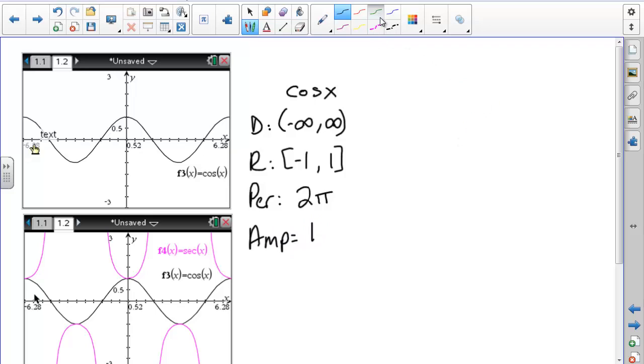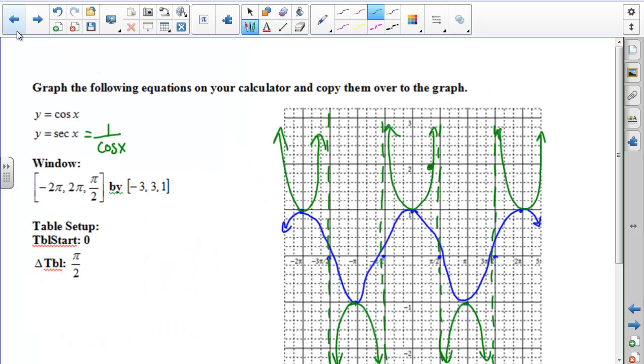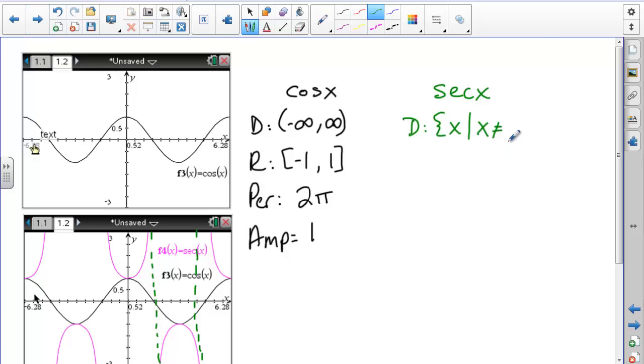Well, when we do the secant of x, the domain is a little tricky because it's all x's such that x is not equal to where it's at these asymptotes. And if you remember, if we flip back to the other page, it was at pi over 2, 3 pi over 2, 5 pi over 2. So sometimes we call it odd multiples of pi over 2.